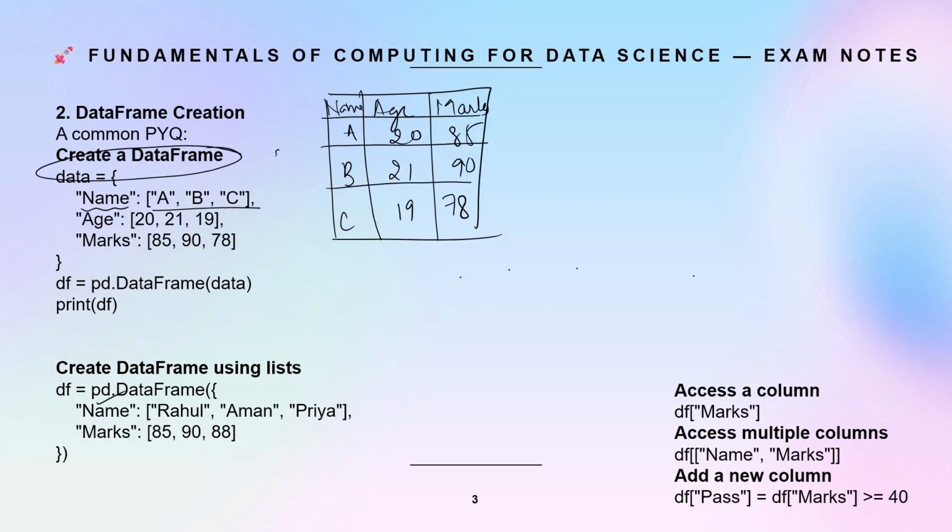To access a column, we write df of column name. Then for multiple columns, we mention column 1, column 2.